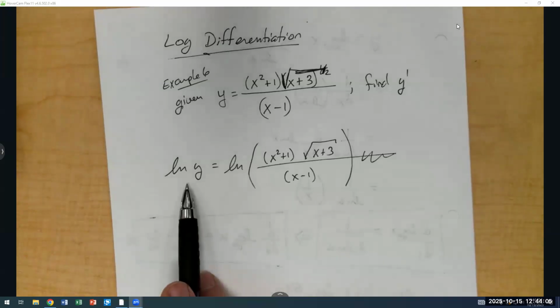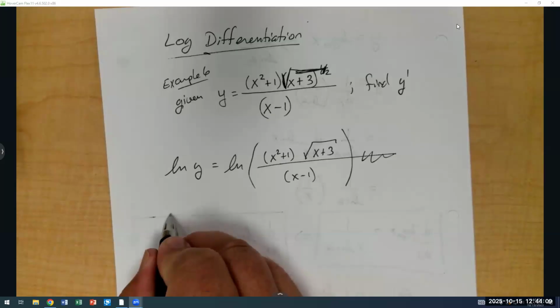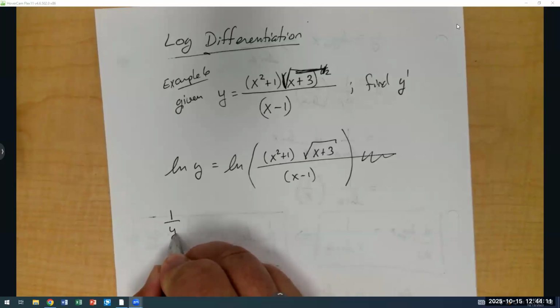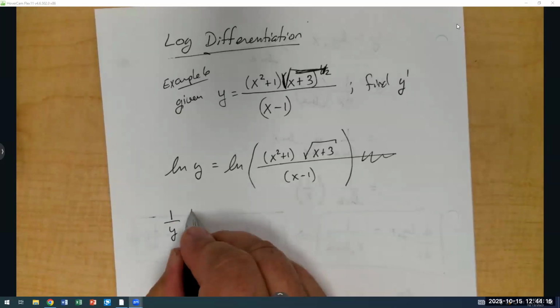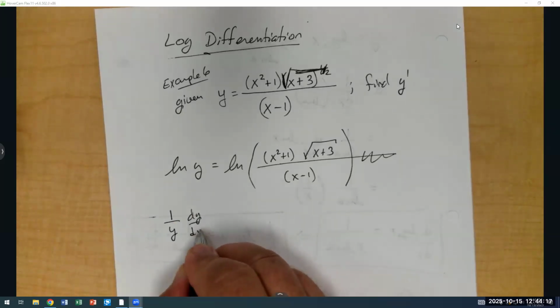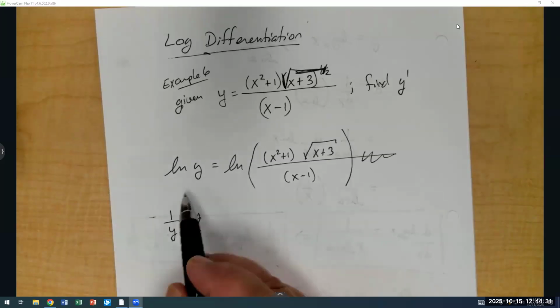Yeah, so the derivative of ln y would be 1 over y, but what else do we need? You need dy/dx, because whenever you take a derivative of y, it's an implicit differentiation, which means you have to take a dy/dx afterwards. Okay, so that's the left side.